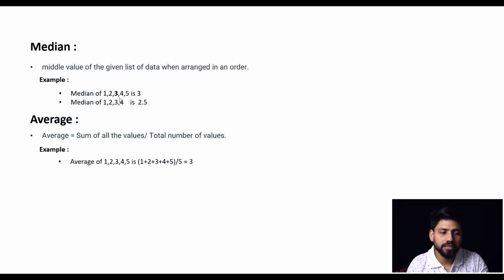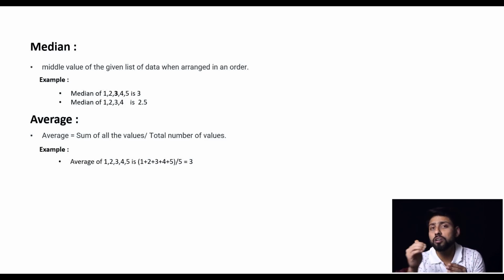Now if you are having an even numbered list, suppose you have only 4 values, 1, 2, 3, 4, how can we calculate this? In this scenario, we will go to the middle, and in the middle we will have 2 values. In this case, as you can see, we have 1, 2, 3, 4, so in the middle it will be 2 and 3.